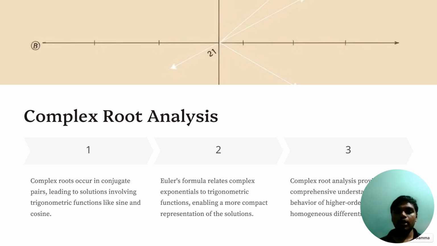For example, a third order equation a3 d cube y by dx cube plus a2 d square y by dx square plus a1 dy by dx plus a0 y is equal to 0 would have a third degree characteristic equation: a3 r cube plus a2 r square plus a1 r plus a0 is equal to 0. The general solution depends on the nature of the roots for all three roots.